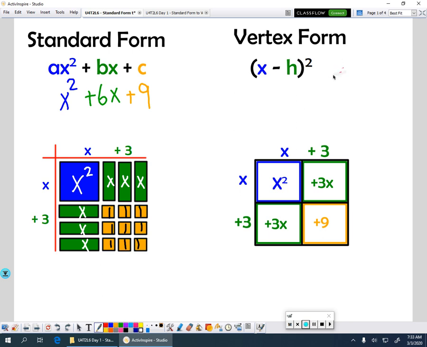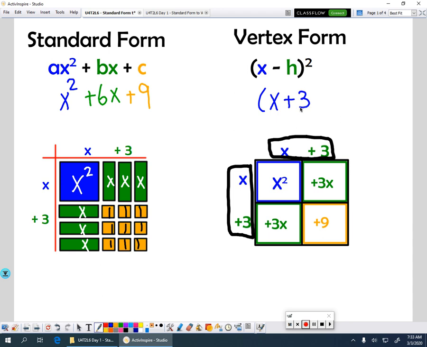We're just looking at the part that makes a square, which is just that x minus h squared. So again, if you look down here, we're just focusing on our length and our width. So if I were going to write this in vertex form, I would have x plus 3 squared. Okay, so that's what we get if we have a perfect square.